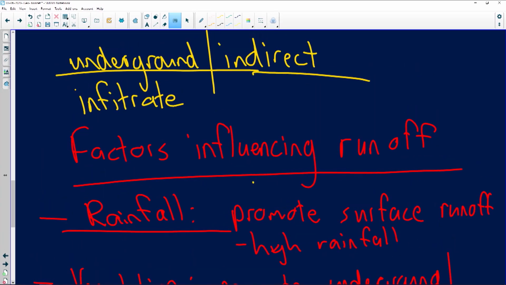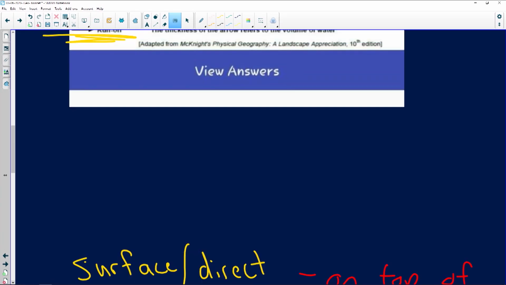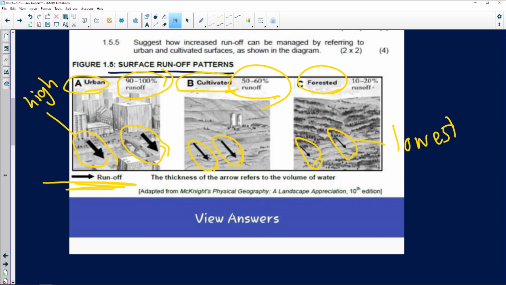Now keep in mind, when I talk about permeable areas, soil is going to be permeable. But keep in mind, man-made surfaces that we create might be impermeable. So going back to our images, you look at this urban area over here.